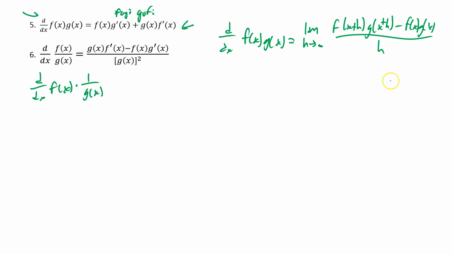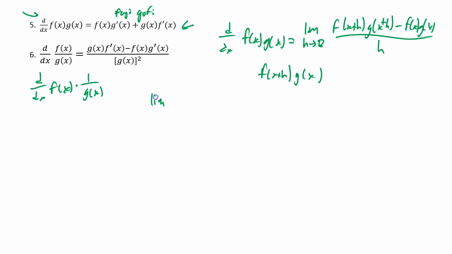I'm going to add and subtract the same thing. What we're going to add and subtract is f of x plus h, g of x. So we're going to add and subtract this from our little difference quotient here, and we're going to see what happens. I'm not going to do it on the top. And adding and subtracting something just makes 0, so it doesn't really do anything.